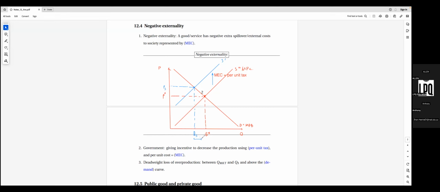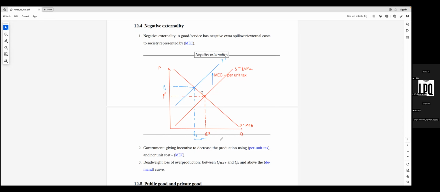But this graph is actually the most special graph throughout our lecture. Why? Because in previous chapters, every time we produce less, deadweight loss happens in the market system.